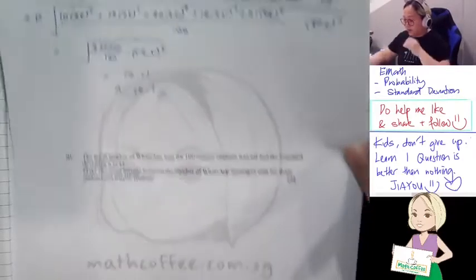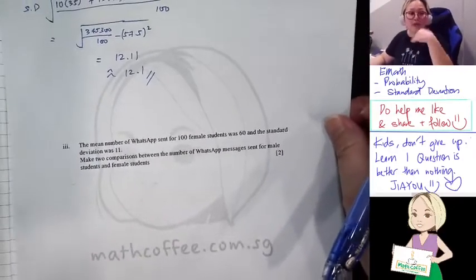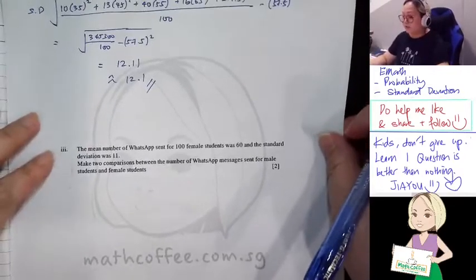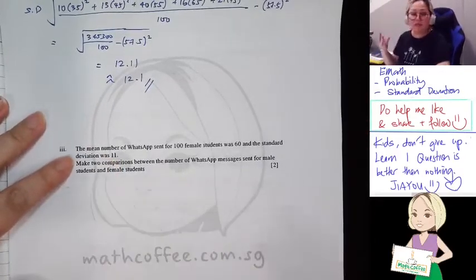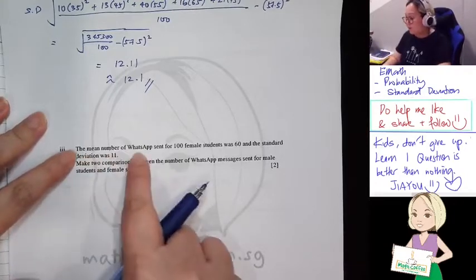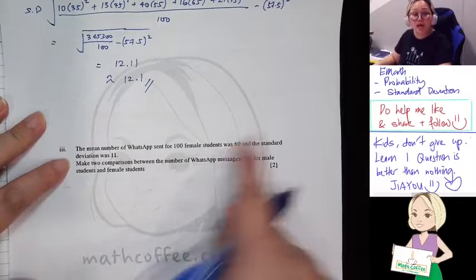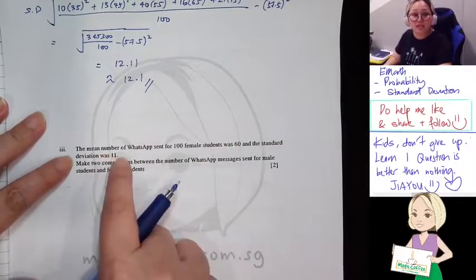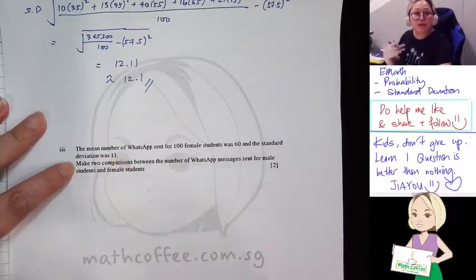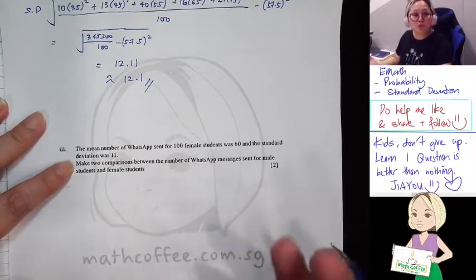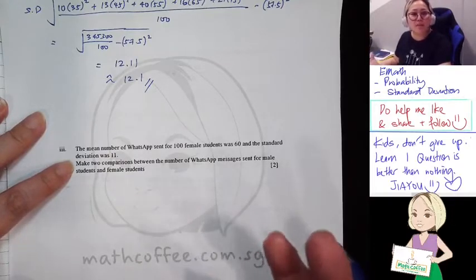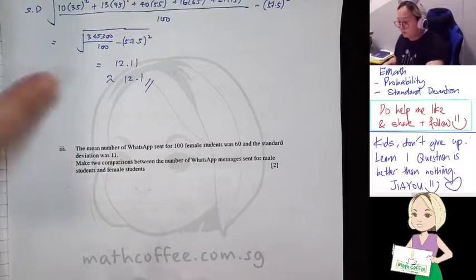Okay, the next one. Now they ask you to give a comparison. They tell you, I give you another set of data. They tell you that the mean number of WhatsApp messages sent for the 100 female students was 60, and the standard deviation for the girls is 11. So they ask you to make two comparisons between the number of WhatsApp messages sent by the male and the female.